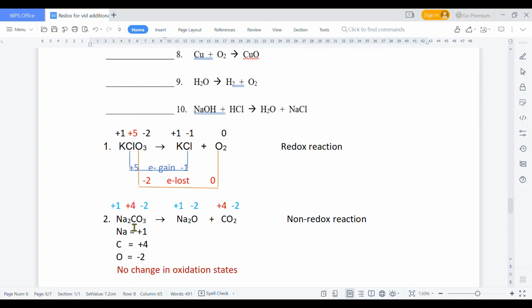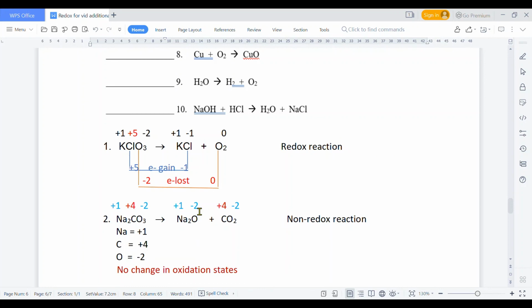There is a subscript for sodium, so that is +2. So you need only +4 to make it 6. This is 6, and this is 2 plus 4 here is +6, so that is equal.